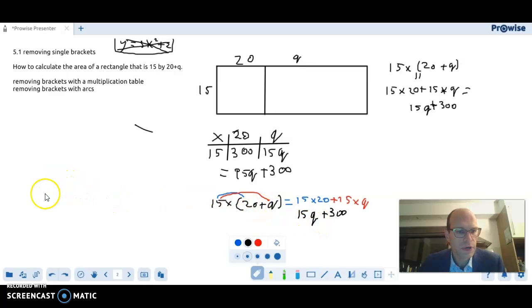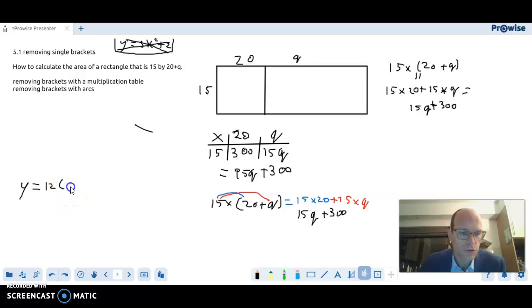Okay, the assignment for the lesson is that I want you to simplify, or remove the brackets of this: y is equal to 12 times, and then I need to write it, of course, silly me, 2x minus 4.